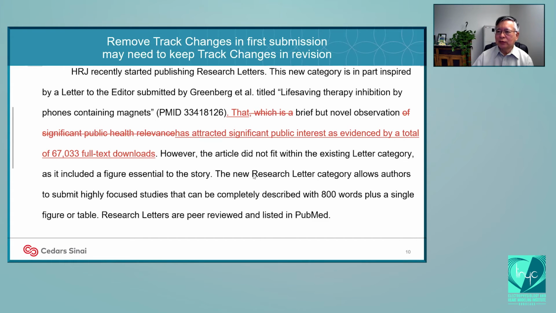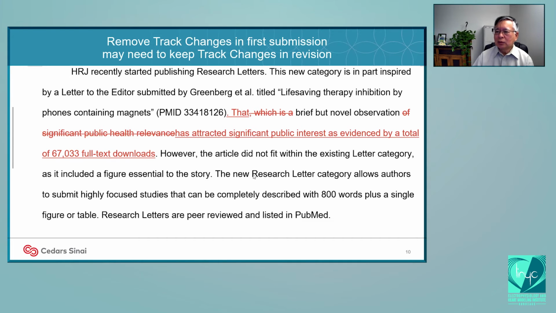For example, a reviewer comments that you should tell them how many times this particular paper has been downloaded. So you made changes. You want to tell the reviewer where the changes are, and show them this is actually a change I've done. I'm not secretly doing changes that you have not reviewed.